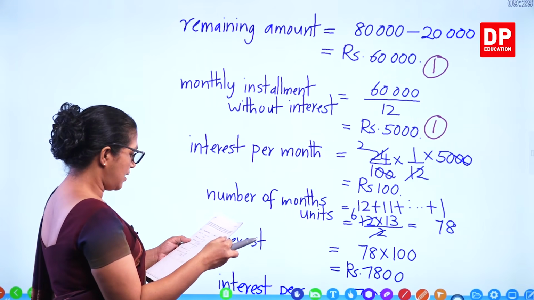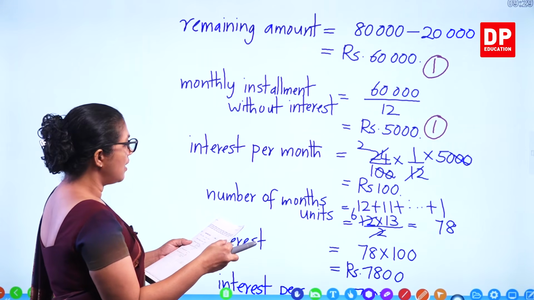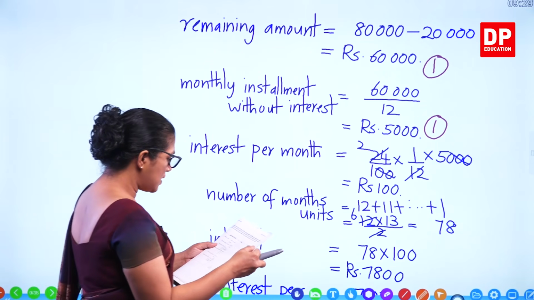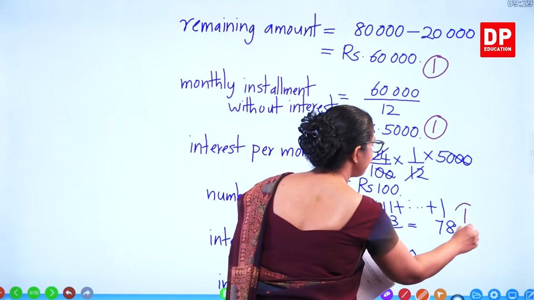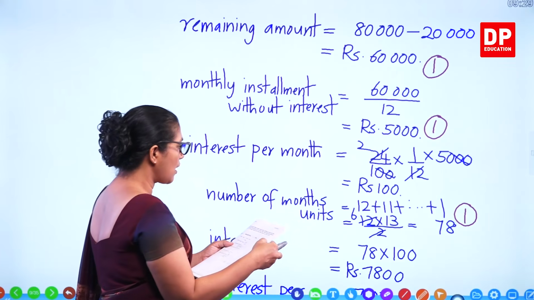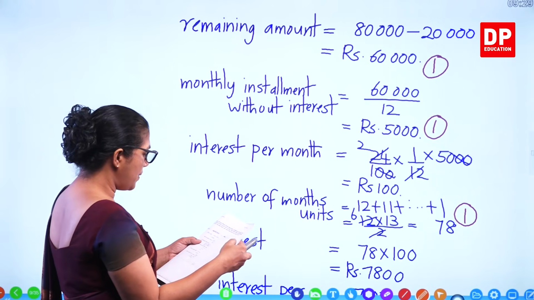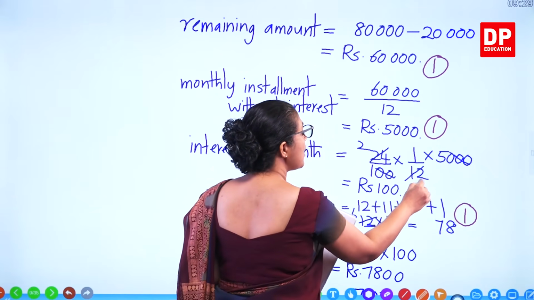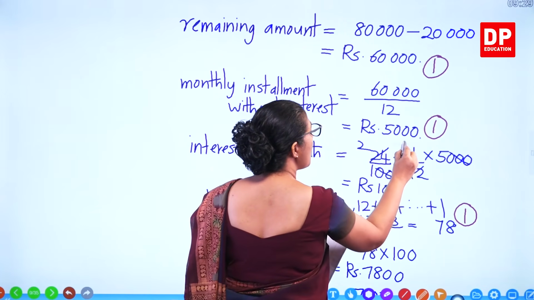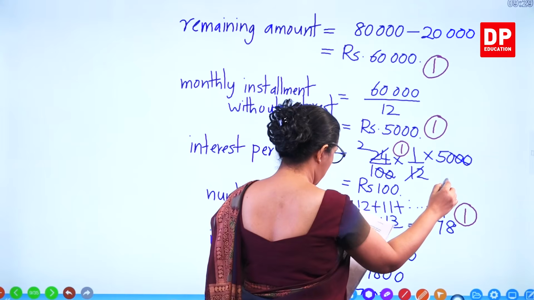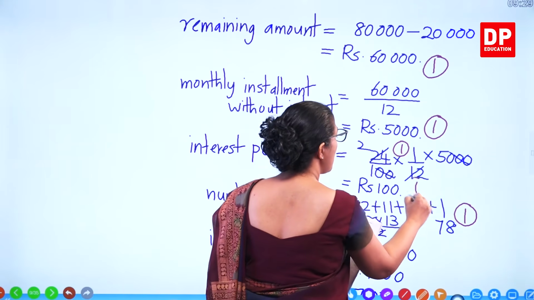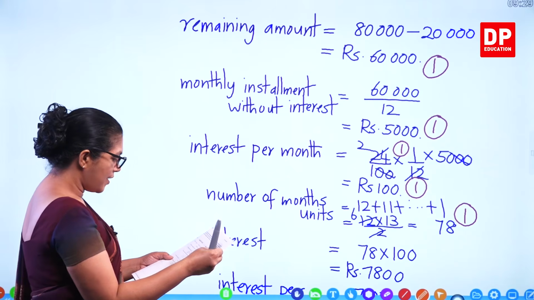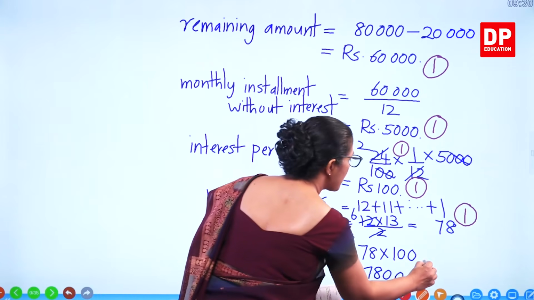And the number of months units, 1 mark, and getting 100 rupees, 2 marks. You are dividing by 12 for a month, so 1 mark and 1 mark there. So 2 marks for this step, and 7,800, 2 marks.